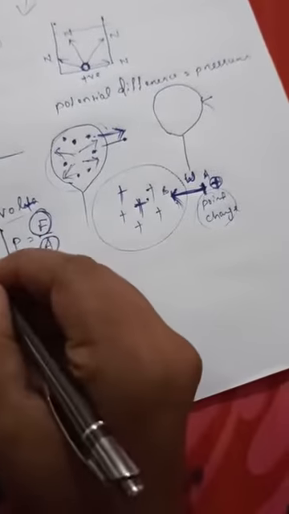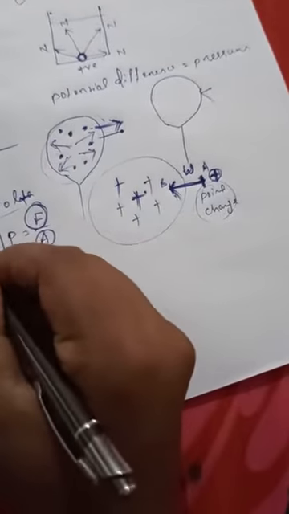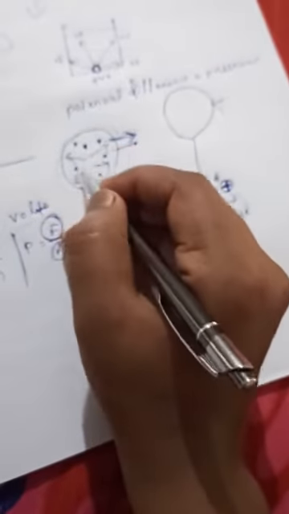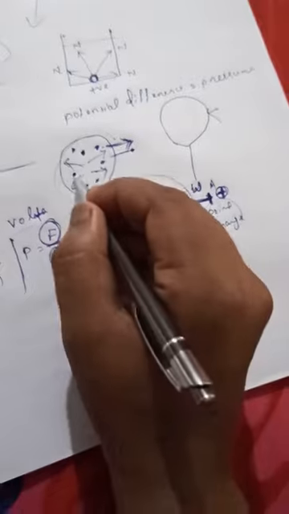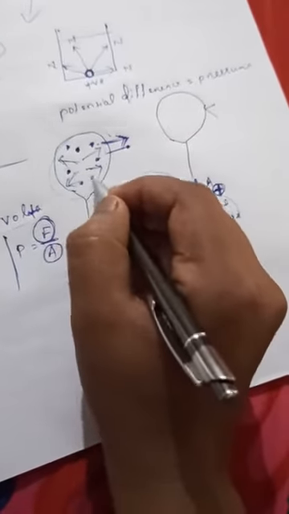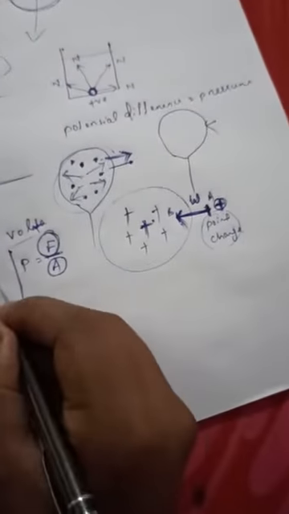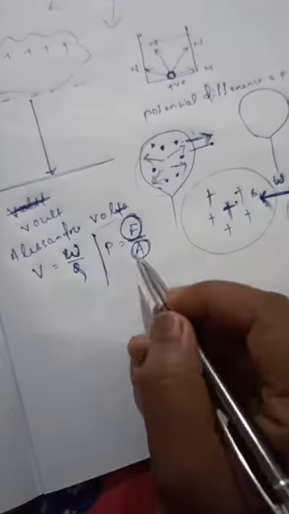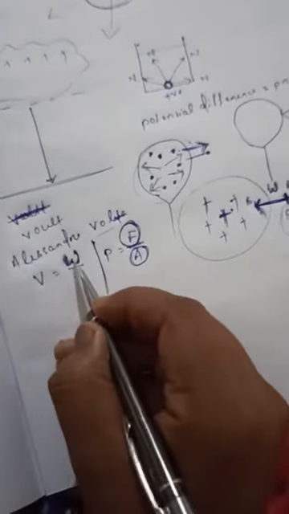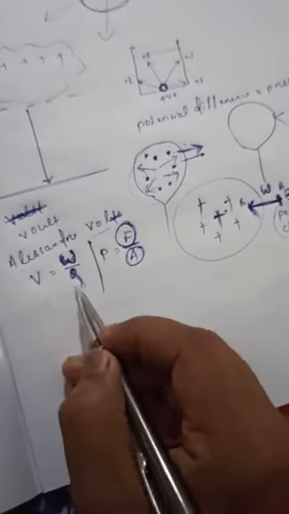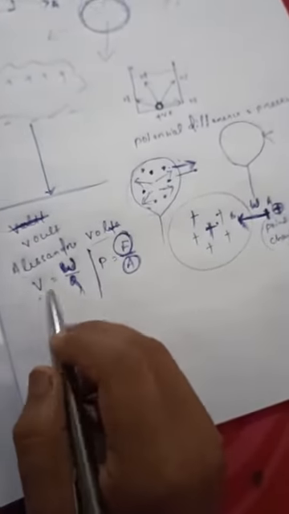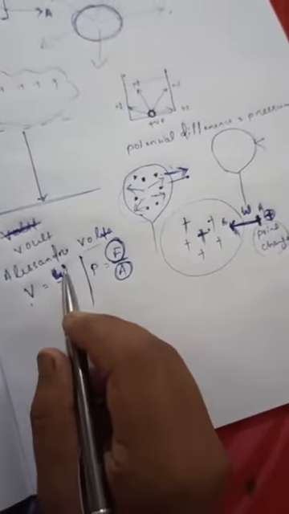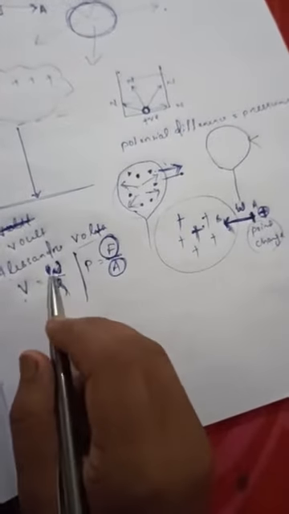Just as force is divided by each area, here work is divided by each charge. So V, the potential difference, equals W by Q.